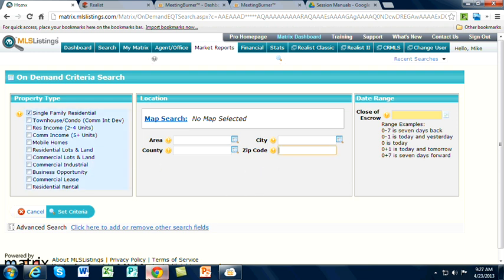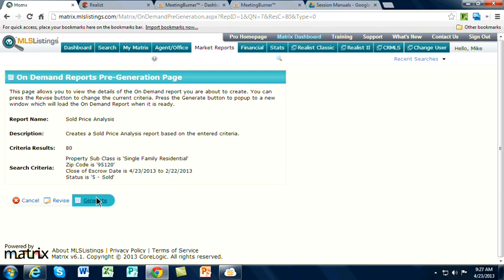So if we say single-family home, I'm just doing the first one, and I'm saying 95120, and we're just going to hit set criteria. Ooh, I need to have a close of escrow 0 minus either 30 or 90. How about 60? 0 minus 60.